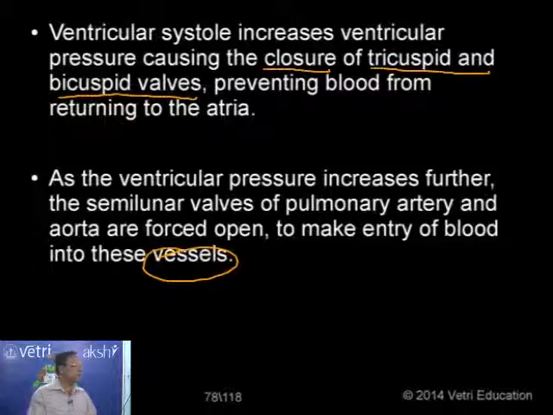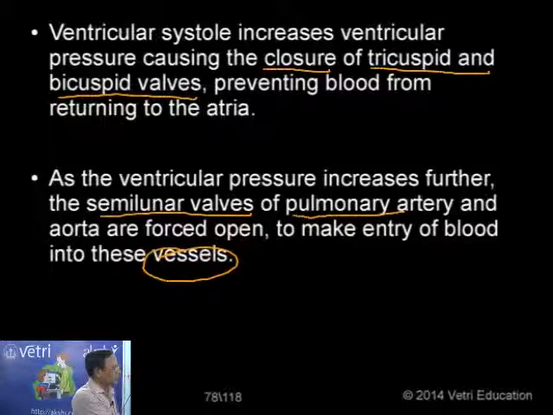And as a result of further ventricular pressure, now that the valves are already closed, the pressure once again increases steadily because of the ventricular contraction. Now it makes the semilunar valves open. We have the semilunar valves present at the opening of the pulmonary artery as well as at the opening of the aorta.